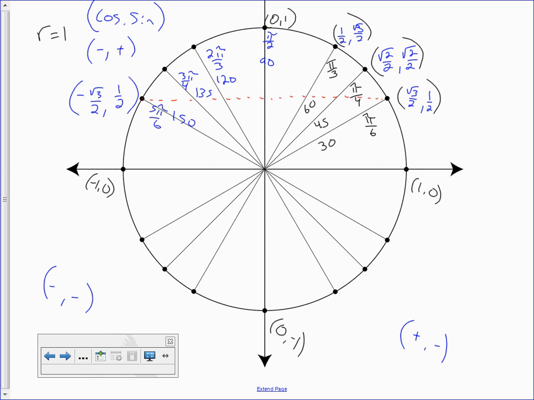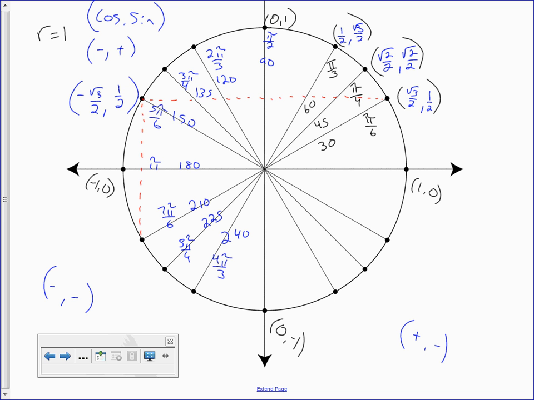Now, let's go from this point here vertically downward. We know that this is at pi, 180. Add another 6 to the pi, we got 7 pi over 6 at 210. 225 was 5 pi over 4. And then 240, and that was 4 pi over 3. So follow this vertically down.